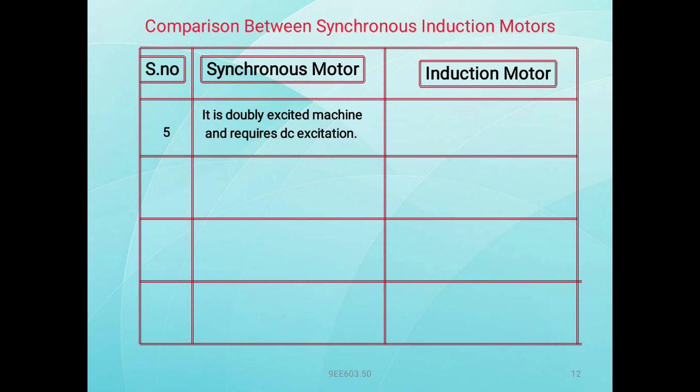Now the synchronous motor is a doubly excited machine and it requires DC excitation. The induction motor is a singly excited machine and does not require any DC excitation.